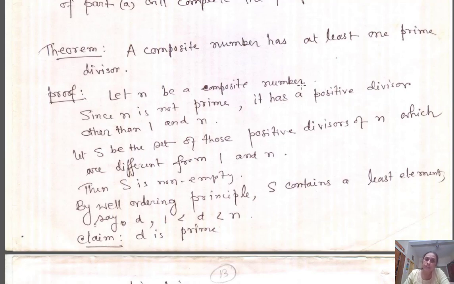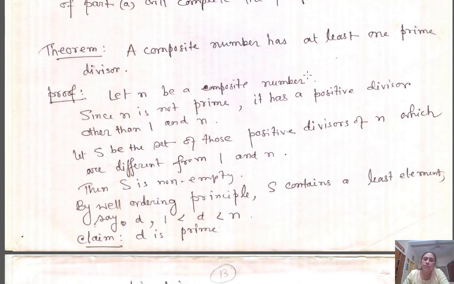So n is composite. Composite means it is not prime, which means it must have a positive divisor other than 1 and n. We have to establish that it has at least one prime divisor. How to prove that?